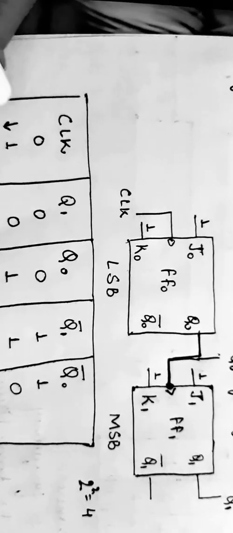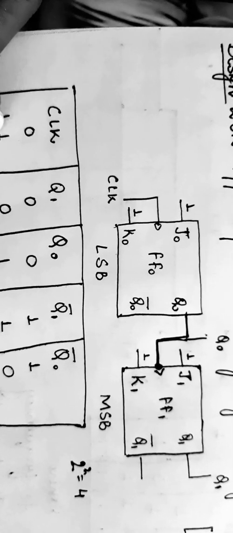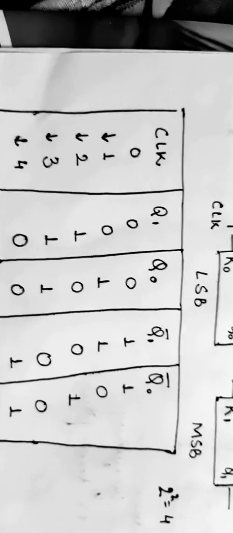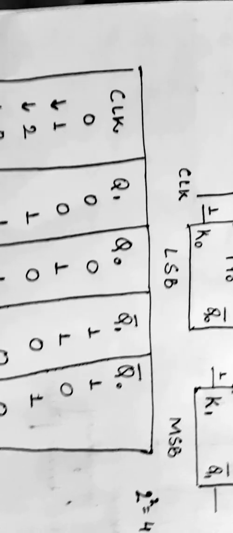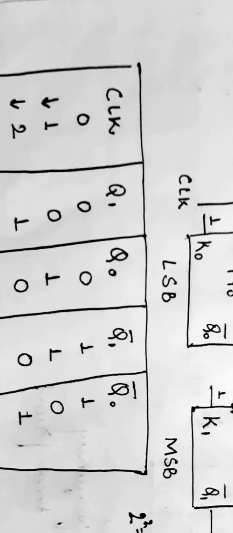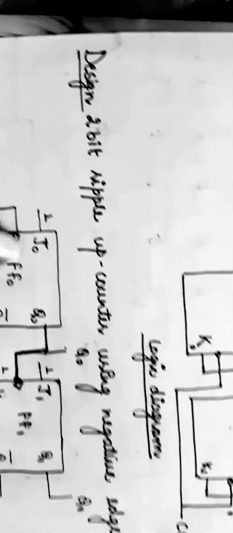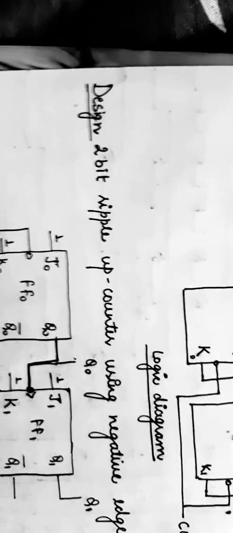Now next, when we apply a positive clock pulse, this symbol represents negative edge triggering. For the negative, we use a down arrow to represent the negative edge triggered flip-flop. Now here, previously we assumed that our output Q0 is 0.